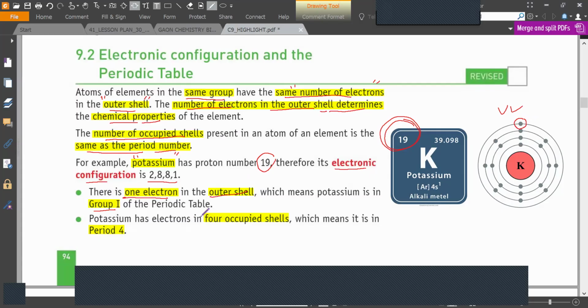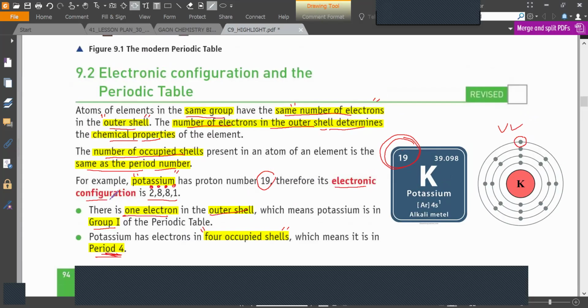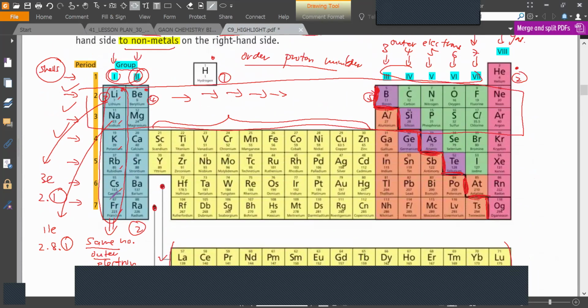It has electrons in 4 shells: 1, 2, 3, 4, so it is in period 4. So we can see here potassium is group 1, period 4. That's how we categorize.